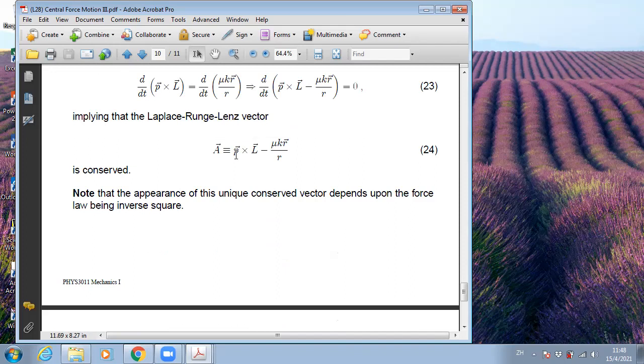This is a triple product. It has a special property. P cross L dot R vector.